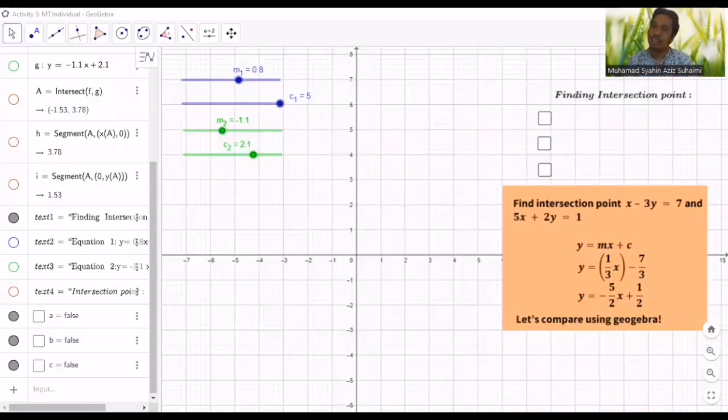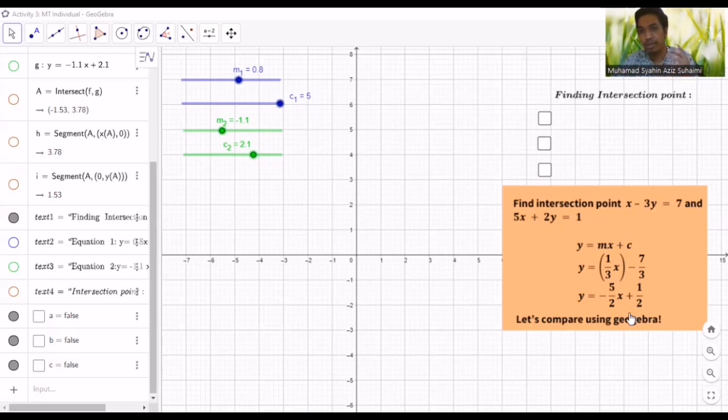So then in the third activity using GeoGebra, we will find the intersection point of x minus 3y equals 7 and 5x plus 2y equals 1. And we will change from the general form to the standard form, which is y equals mx plus c. The first equation is y equals 1/3 x minus 7/3, and for the second equation, y equals negative 5/2 x plus 1/2.